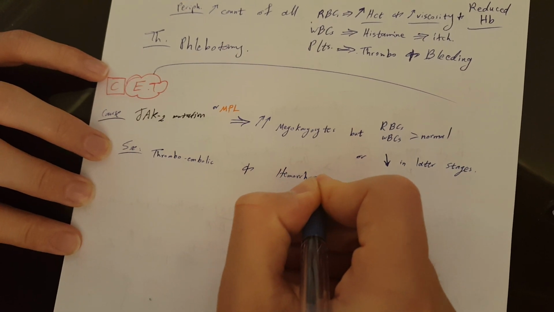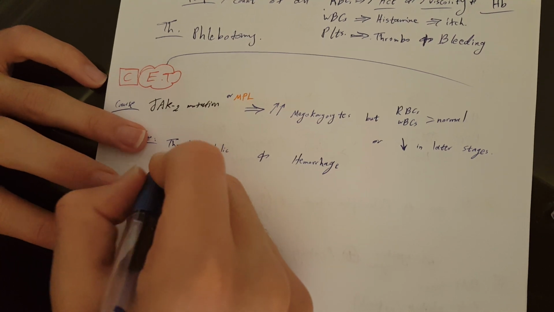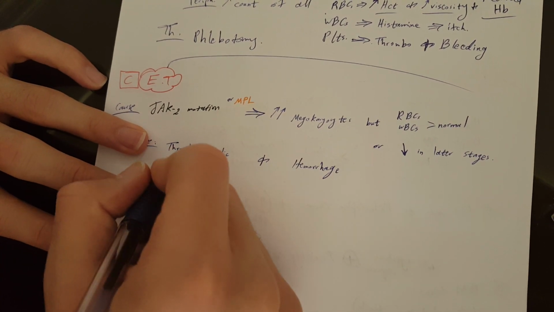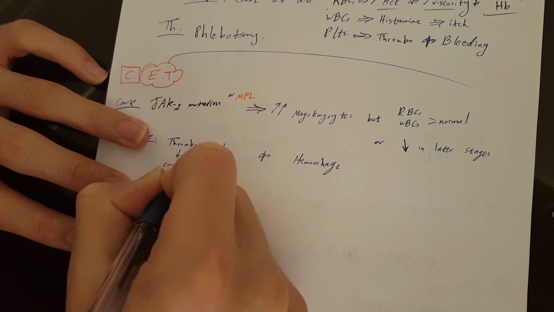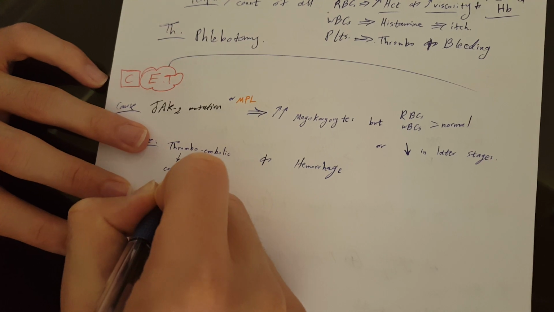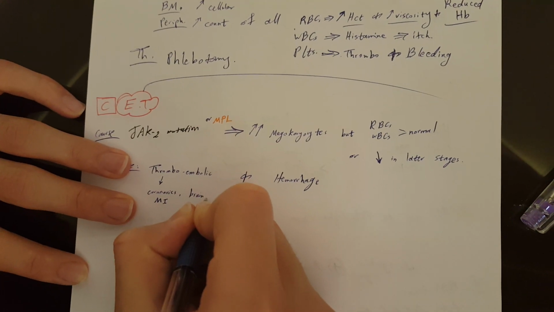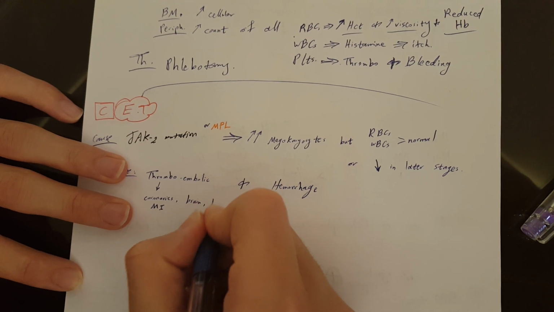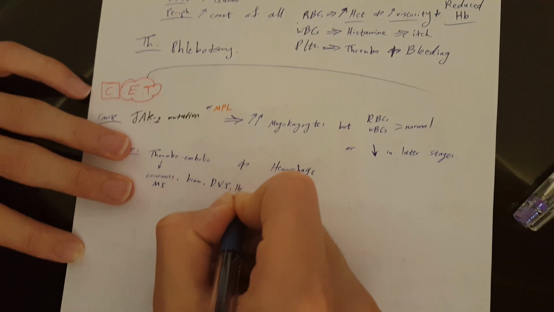Now I'm going to mention a few examples. For example, the thrombosis can occur where? In the coronaries, and then what do you expect? MIs, infarctions. Or it can be in the brain, which causes stroke. Or it can be deep vein thrombosis. It could be in the hepatic vein.